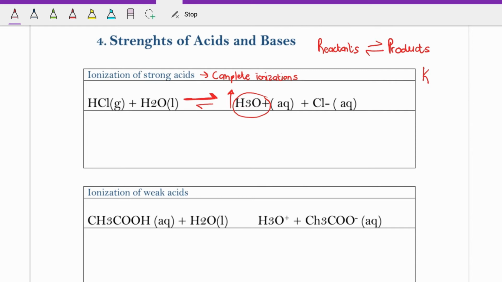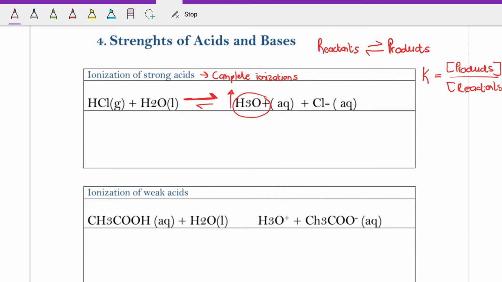So when we write a Ka-Kb equation, remember that for equilibrium reactions, whenever you write your equilibrium constant, it is always the concentration of products over the concentration of reactants. Now, you never write this down as a formula, but it's just to help you remember.